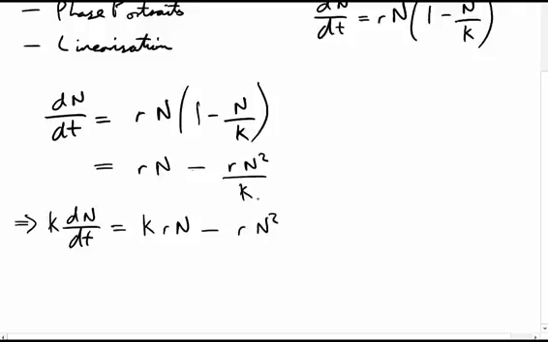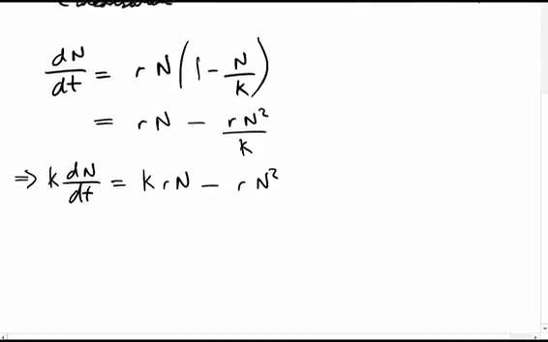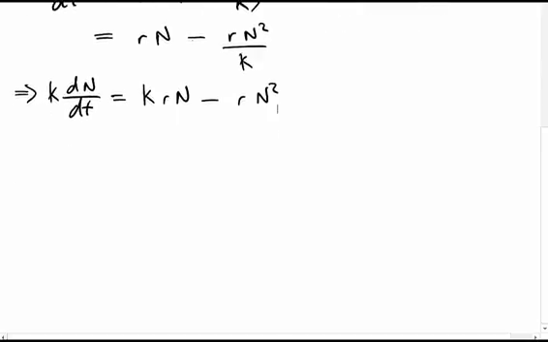I was trying to get rid of the fraction, so multiplying by k makes it go away. Now I want to try to solve that. I can factorise the right hand side by taking an Rn out. What am I left with? k minus n.